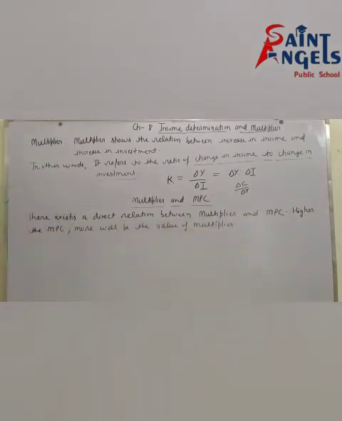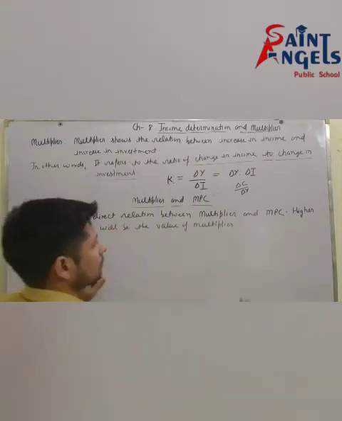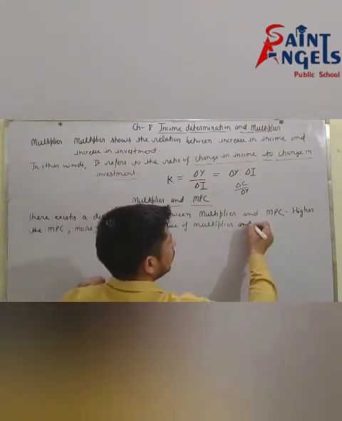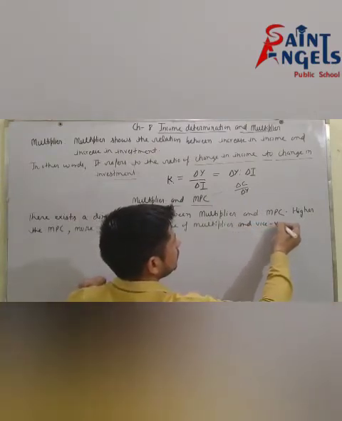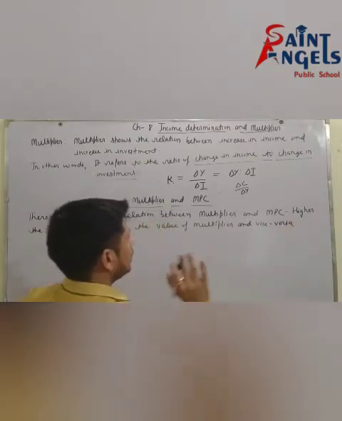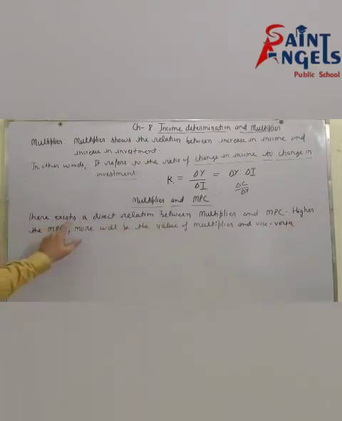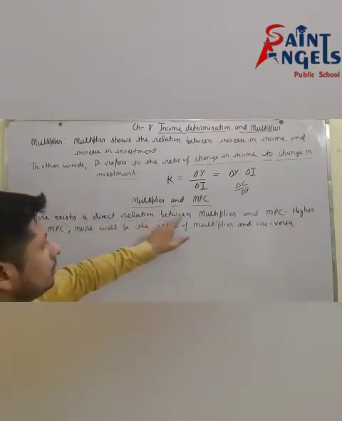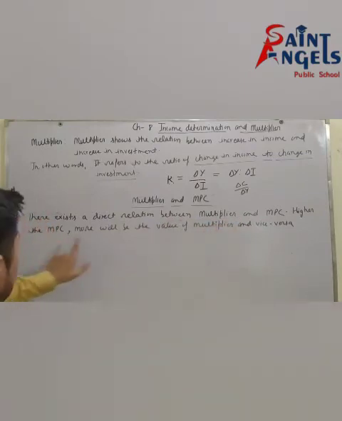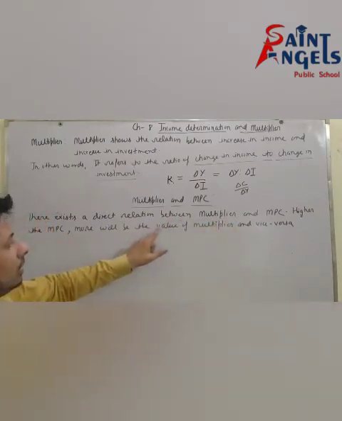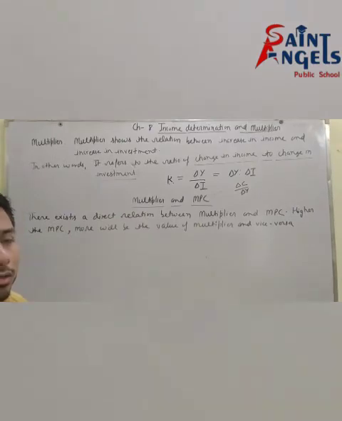Higher the MPC, more will be the value of multiplier. So there exists a direct or positive relation between multiplier and MPC. Higher the MPC, more will be the value of multiplier, and vice versa.